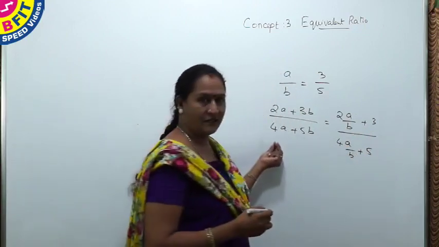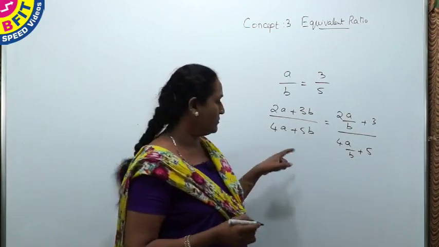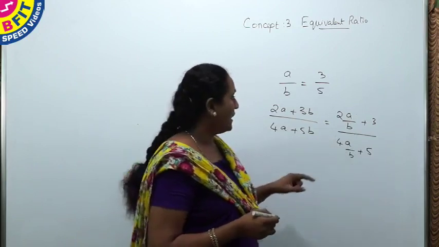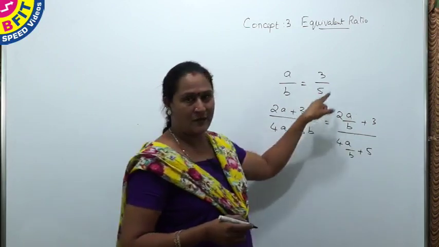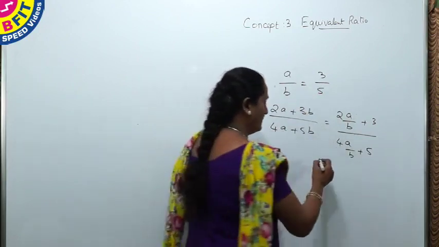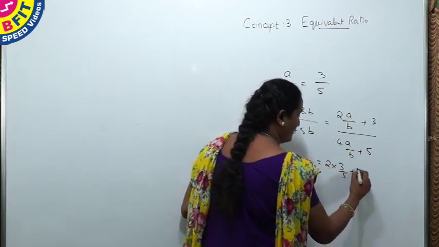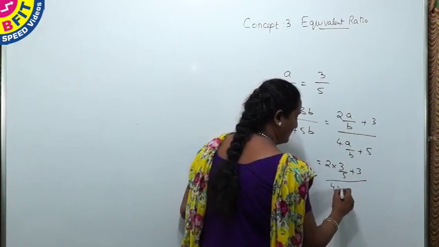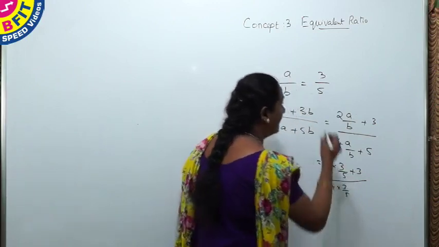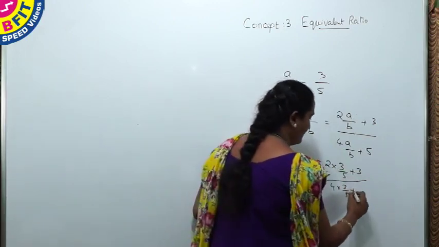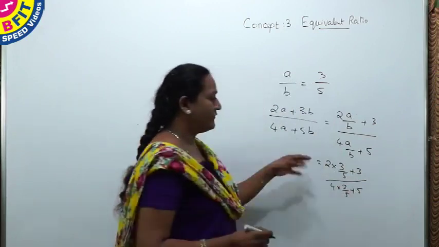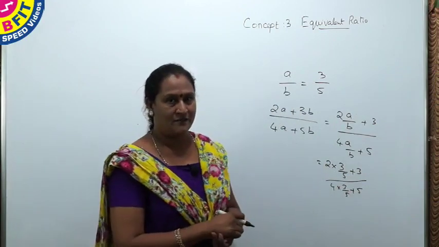So we are dividing the denominator also with b, so it is 4a by b plus 5. And now substitute the value for a by b, that is 3 by 5. So a by b we have got as 3 by 5. And now after simplifying we get the required answer.